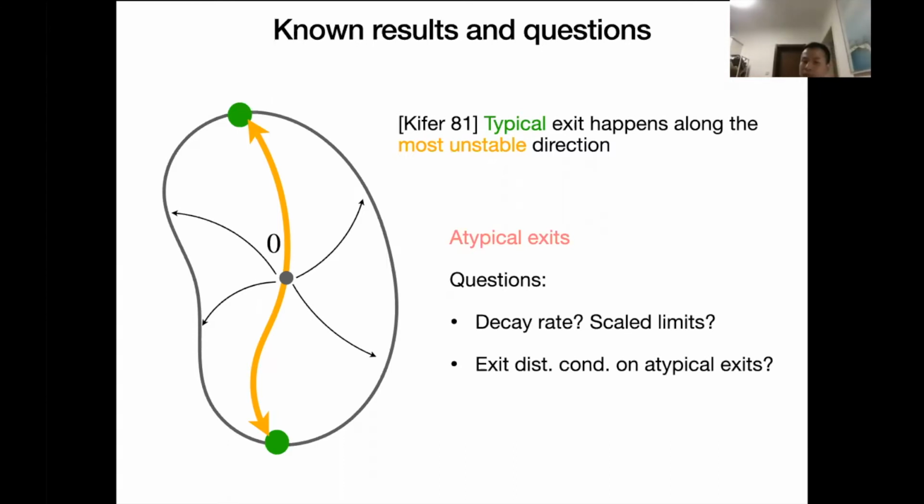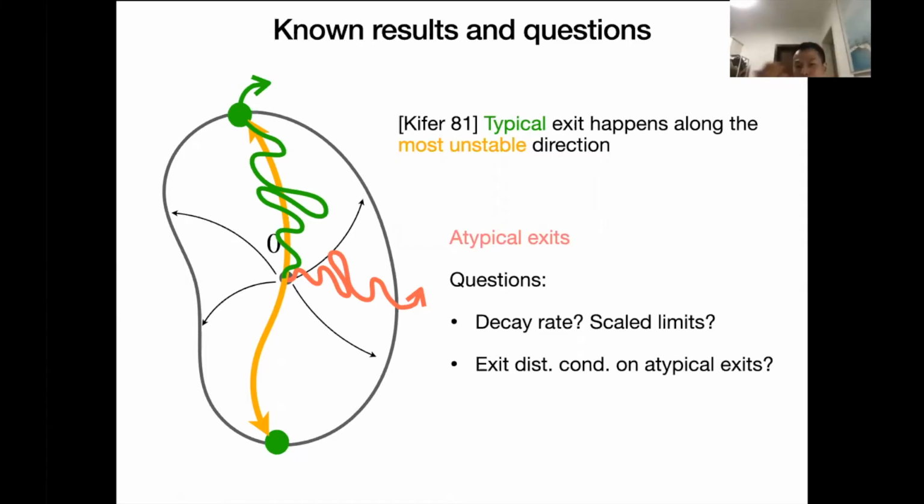Then the most unstable direction, or the most unstable manifold, is a flow generated by the eigenvector corresponding to the largest eigenvalue. Then we know that this green path is going to be a typical one, and the red one is going to be atypical because it does not exit at those two green points.